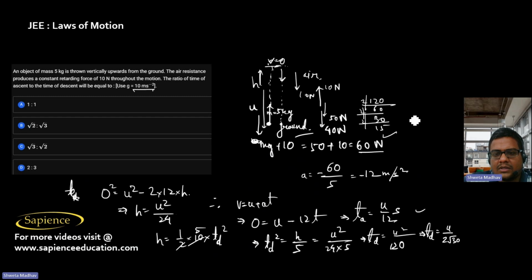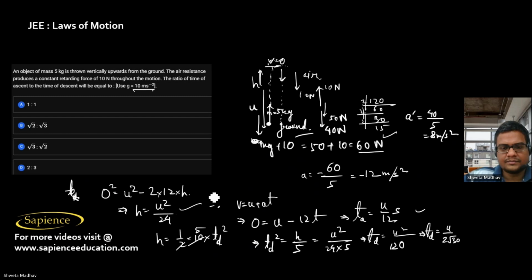So the acceleration a dash, when it is coming downwards, will be force by mass, 40 by 5, so it is 8 meter per second square. So therefore h will be u square by 24 only. This h will be equal to half a, where a is 8. This is wrong actually.